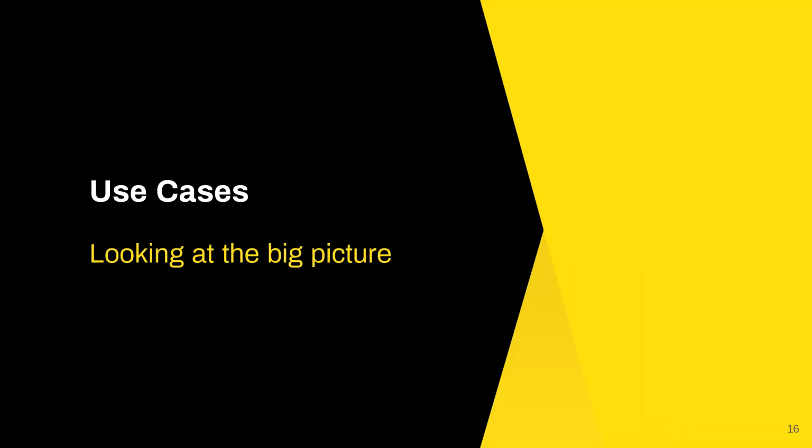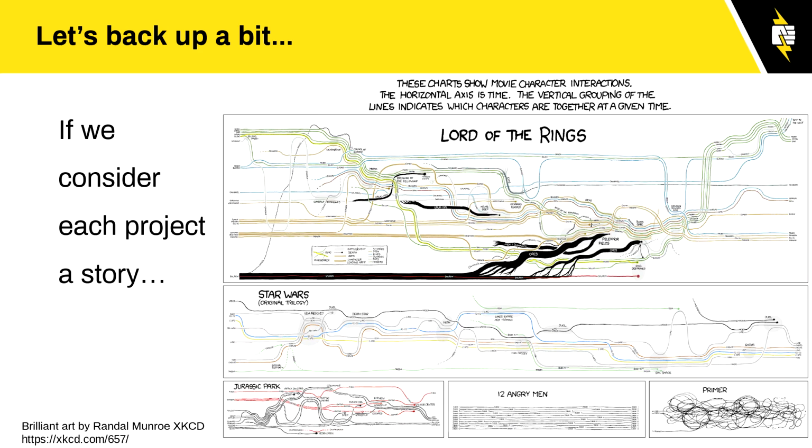So there's better ways. Use cases let you look at the big picture. So if we consider each project a story, and I love XKCD, so I had to slip that in here somewhere. If these are our stories, we've got all this stuff going on, people are coming in, things are happening, there's all these things, right?